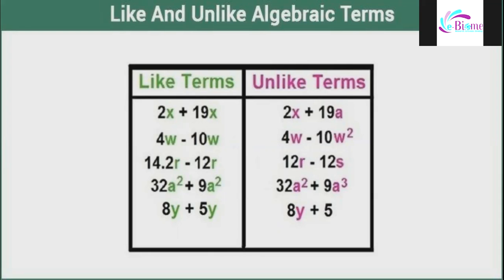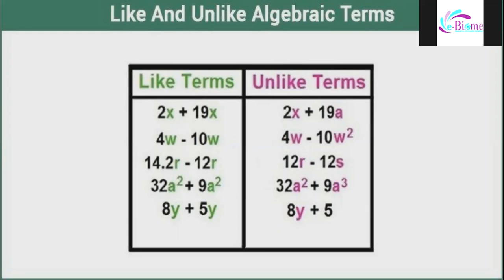Very good, because they have the same letter, and that letter is x. And now we have 4w minus 10w. And we say these are like terms because they have the same variable. They have the same letter, and that letter is w.